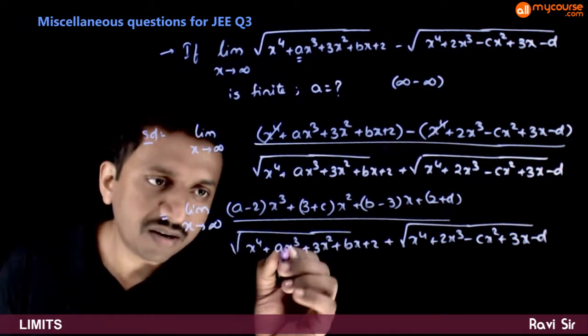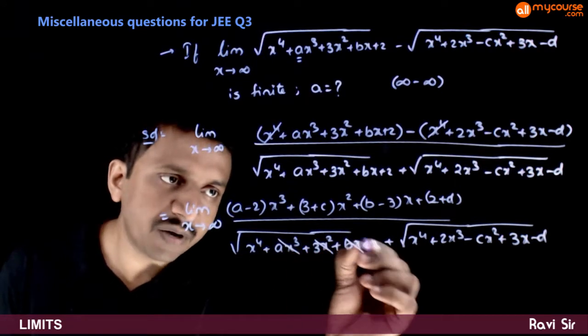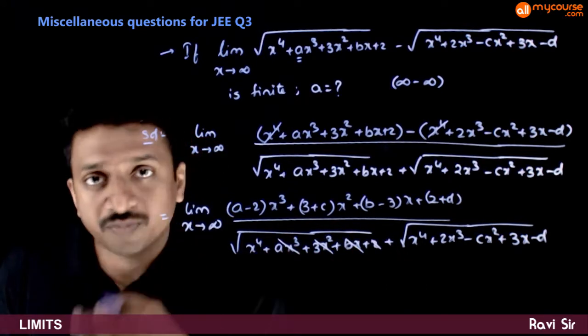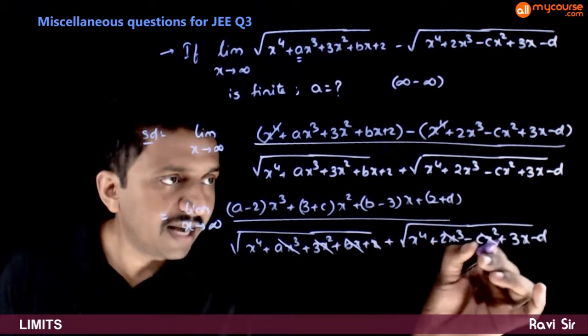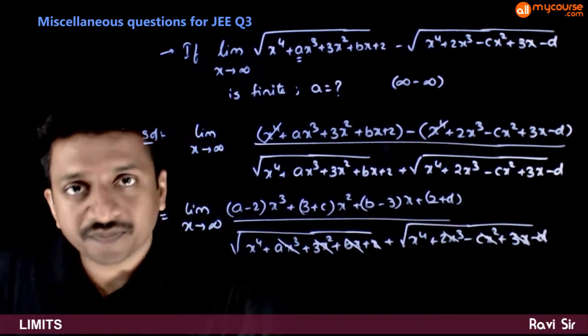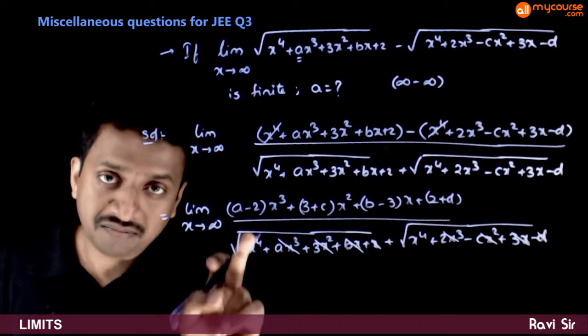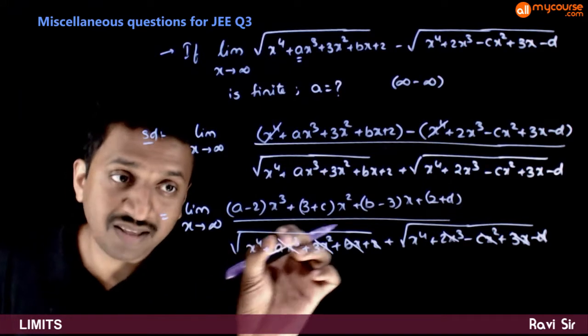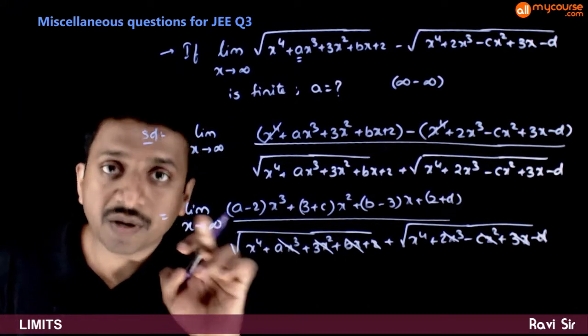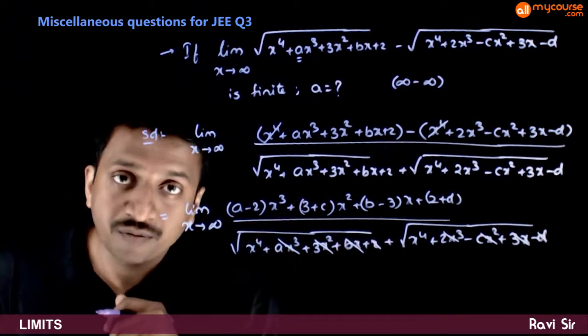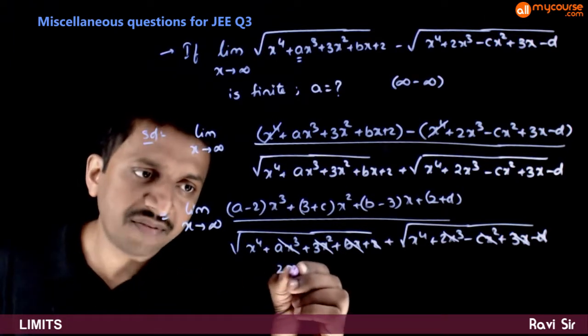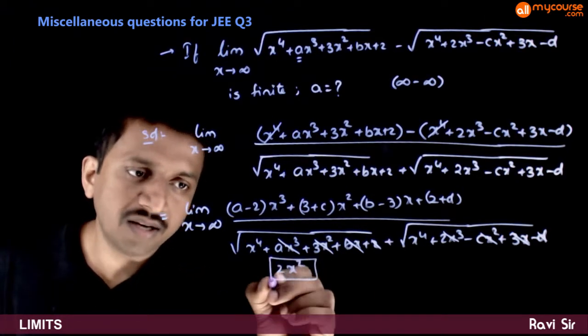In the denominator, you can neglect all these lower powers when you are dealing with x power 4. Effectively, root of x power 4 is x square, and root of x power 4 is x square, so you have an effective 2x square in the denominator.